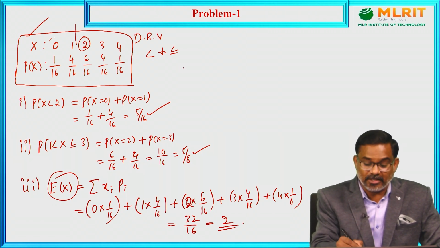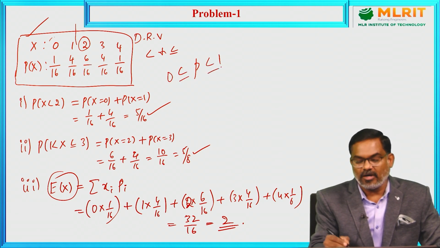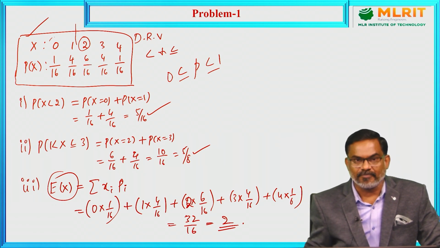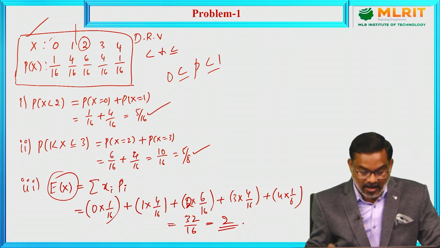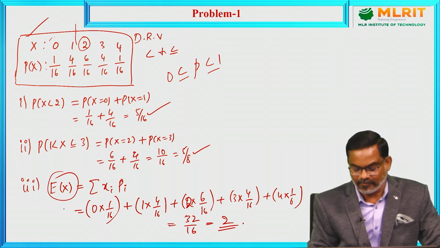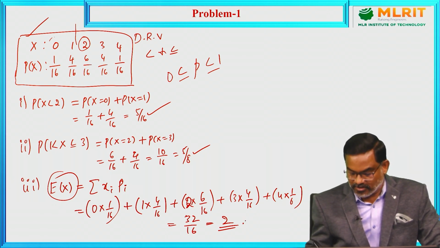We know that the probability of an event lies between 0 and 1, it can be 0 and can be equal to 1 also, but it cannot be negative or more than 1. Here the expectation of X is not a probability. This gives the mean value or average of the distribution, so it can be any other value. So here the answer is 2.